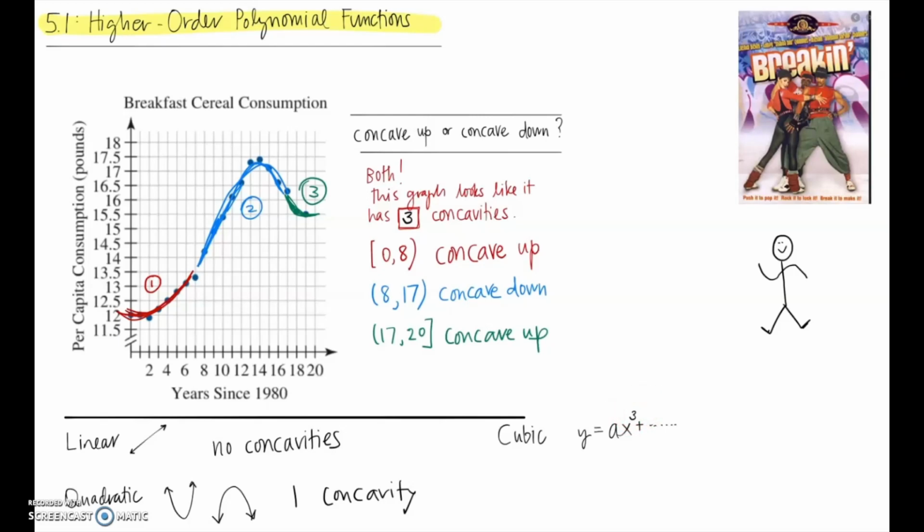After cubics come quartics, and they look like y equals ax to the 4th plus, and you can add cubic terms, squared terms, linear terms, but it always has to have that 4th power. And then you could have a quintic equation, which is y equals ax to the 5th plus a bunch of stuff. You can keep going and going and going, always just having higher orders to these polynomials.